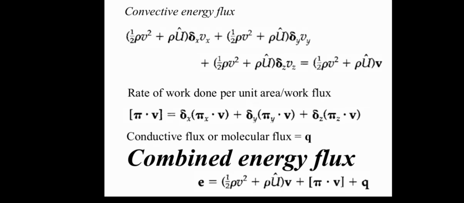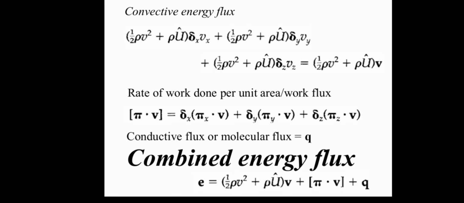In this specific case, we have Vx equal to 0 and Vy equal to 0. The x component will simplify to Ex equals tau zx into Vz plus Qx, and further, using a constitutive relation for viscous stresses, tau zx equals minus mu into ∂Vz/∂z, and Fourier's law, Qx equals minus k ∂T/∂x, leading to Ex equals minus mu ∂Vz/∂z into Vz minus k ∂T/∂x, where mu is the viscosity and k is the thermal conductivity.